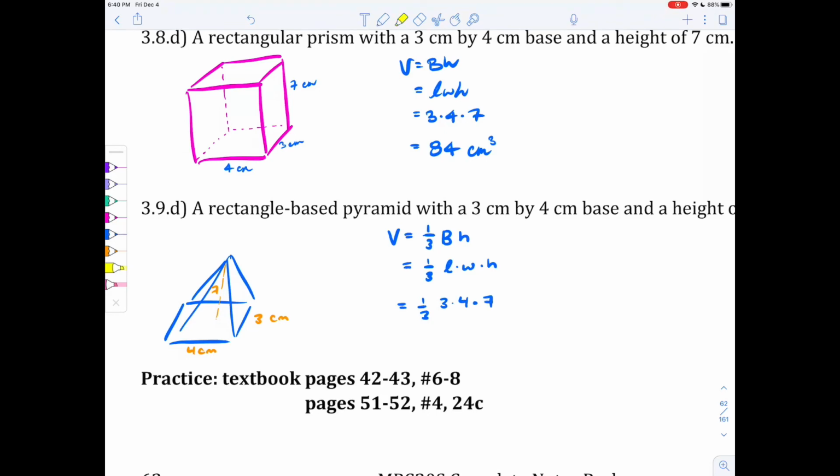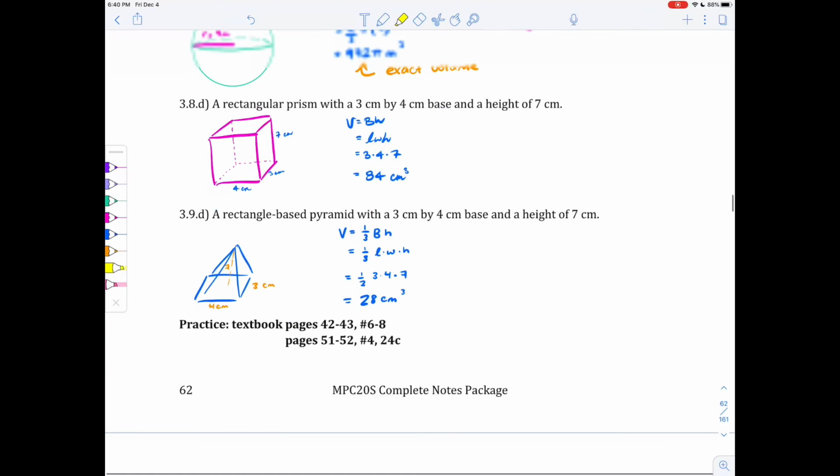And again, you could see that we're going to end up with an answer that is 1/3 the size of the one above, which happens to be 28 cubic centimeters. So that's kind of cool. If we have any prism and corresponding pyramid, we can see that relation without having to do those more precise calculations. So that's pretty neat. It's kind of dope.